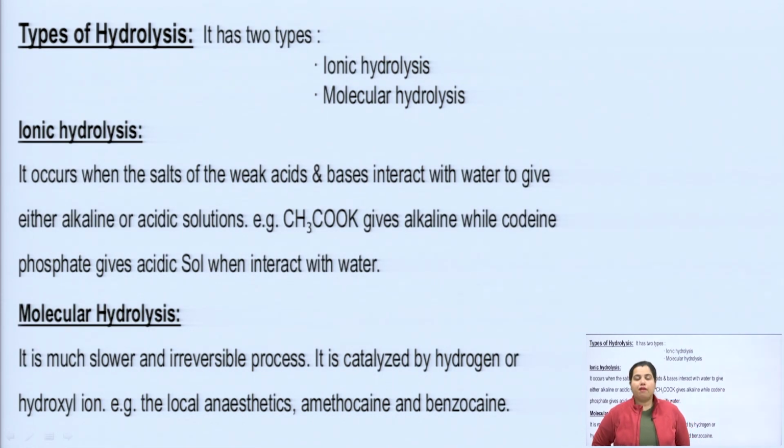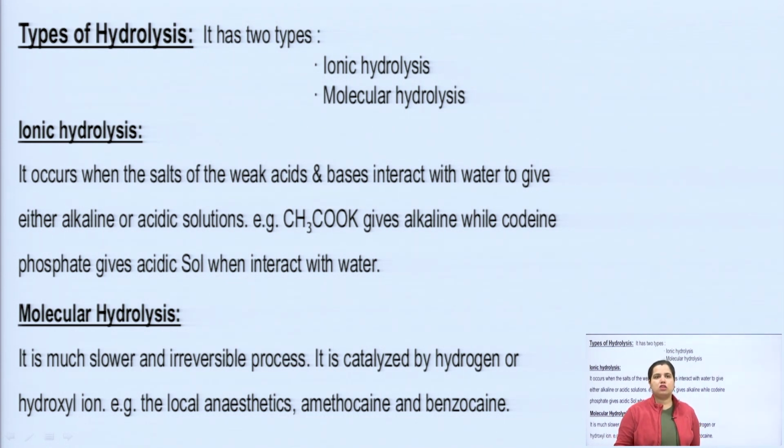Hydrolysis is of two types: ionic hydrolysis and molecular hydrolysis. Ionic hydrolysis occurs when the salt of a weak acid or base interacts with water to give either an alkaline or acidic solution.